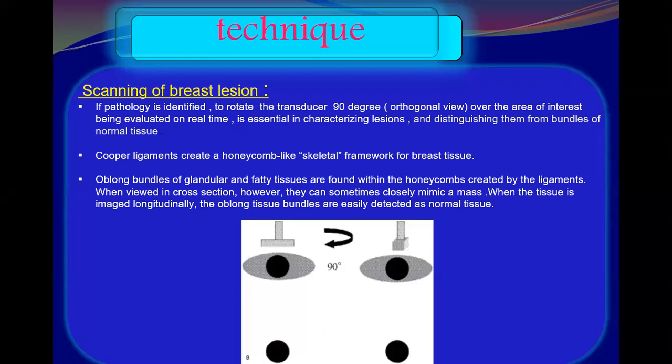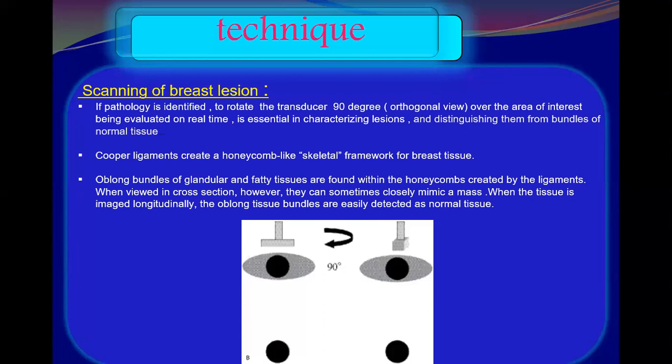Then when we identify lesions, as we mentioned before, we have to rotate the transducer 90 degrees to have an orthogonal view over the area of interest or the lesion. This is very essential to characterize the lesion and to distinguish it from normal tissue as a pseudo-lesion.